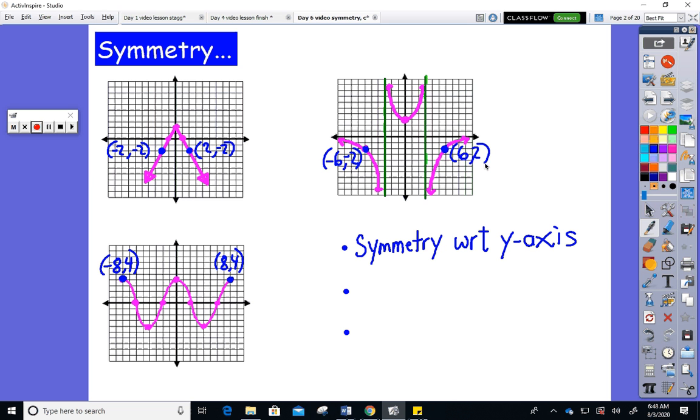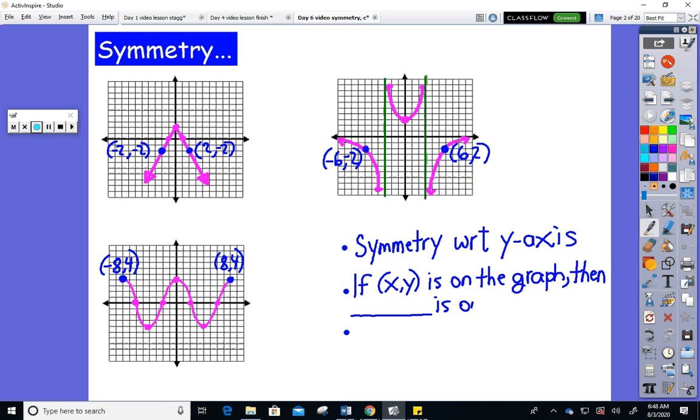So could you complete my sentence? If (x, y) is on the graph, then blank is on the graph.